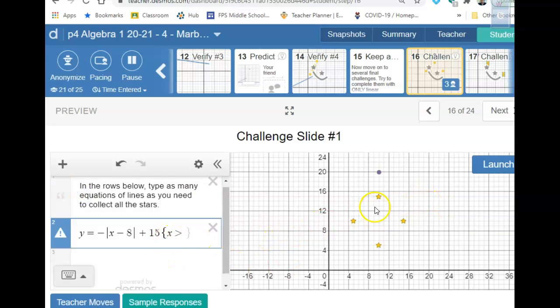So x is greater than 8. So I only get that side of it. What if I change this, because 8 was my vertex point, what if I change it to a 6? Oh, now I get that part of it. So you can change the domain by putting it like this.